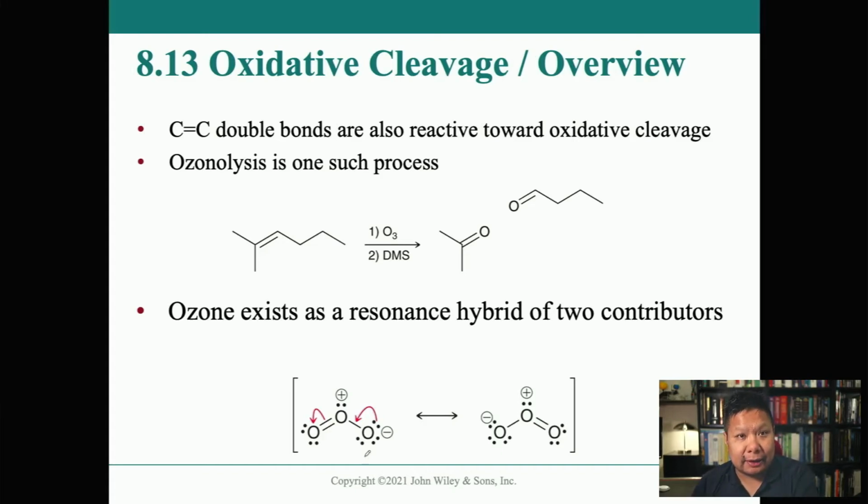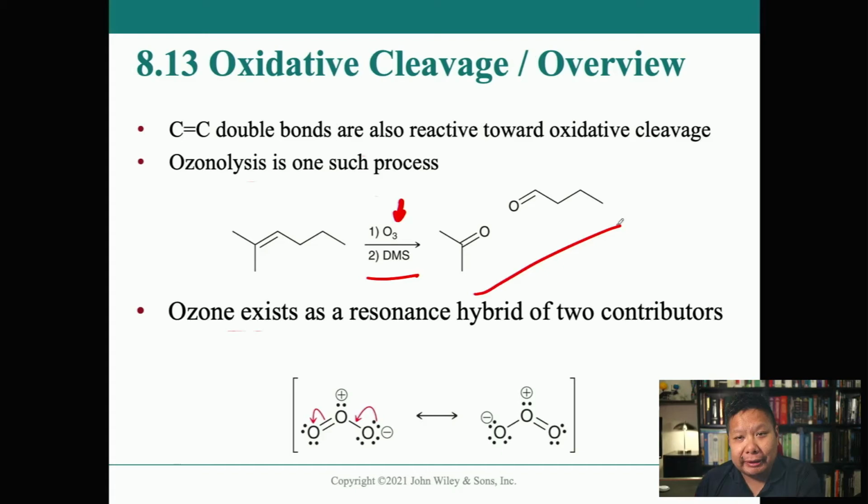The next reaction we're going to talk about is oxidative cleavage. Carbon-carbon double bonds are also reactive towards oxidative cleavage. Ozonolysis is one such process where we use ozone. Ozone is three oxygens together. With some DMS, we can literally break this molecule in half through oxidative cleavage.